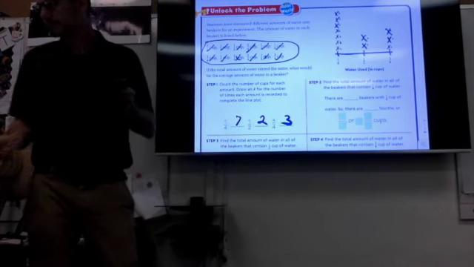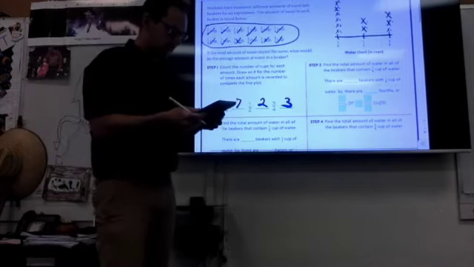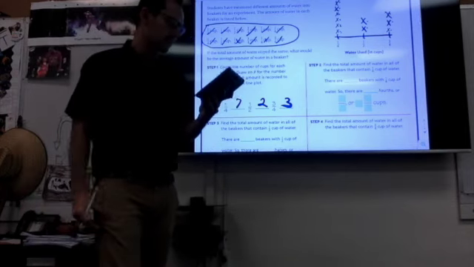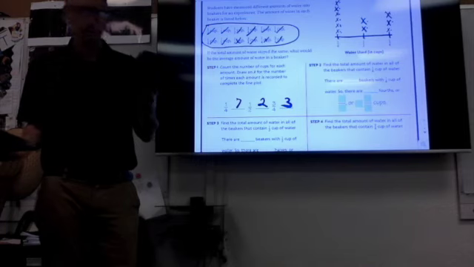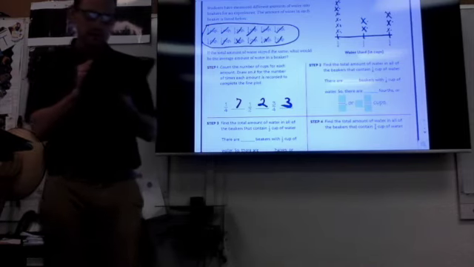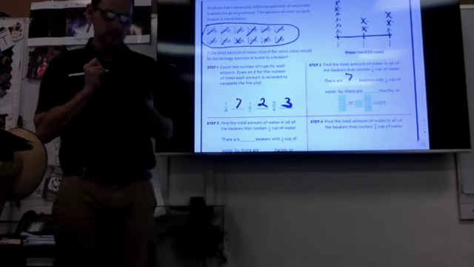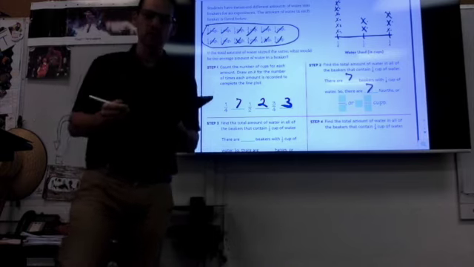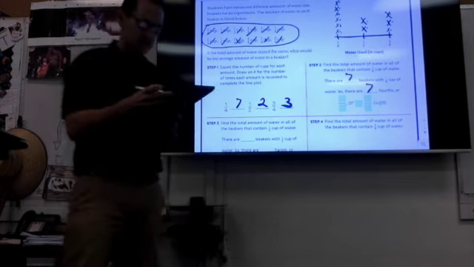at 3/4. Okay. Step 2 says find the total amount of water in all the beakers that contain 1/4 cup of water. So we know there are 7 beakers, so that means there are 7/4. Very good. I know someone raised their hand and gave me the answer right there.